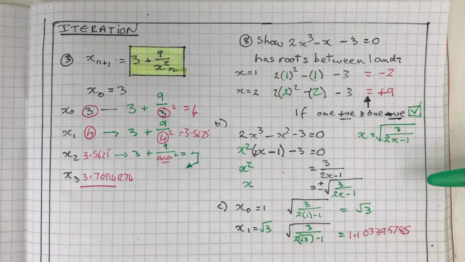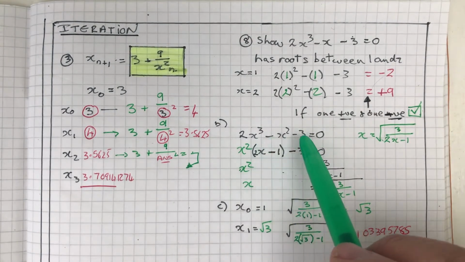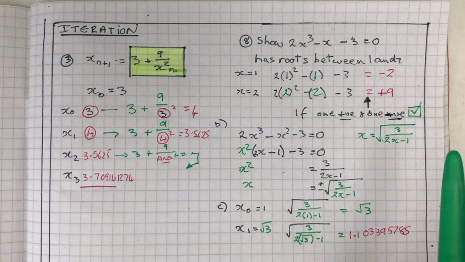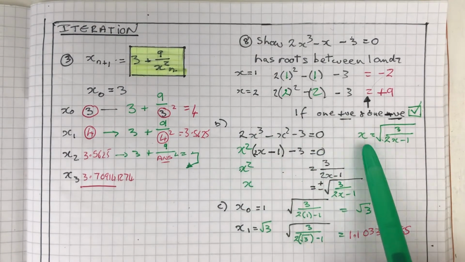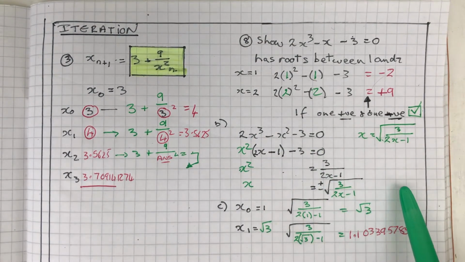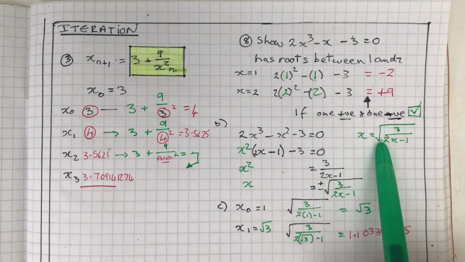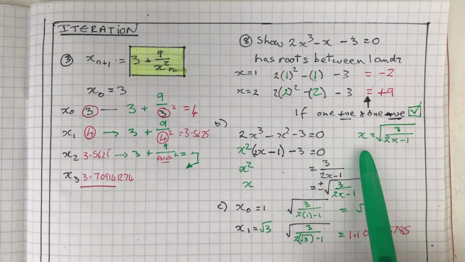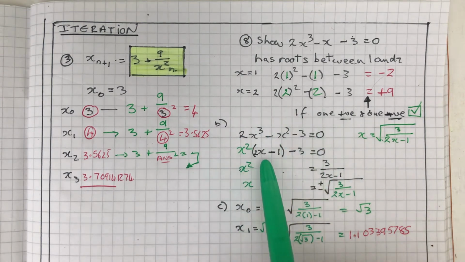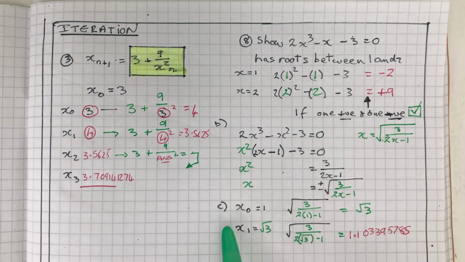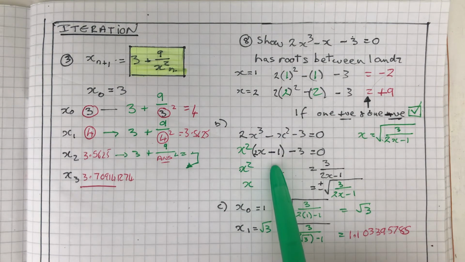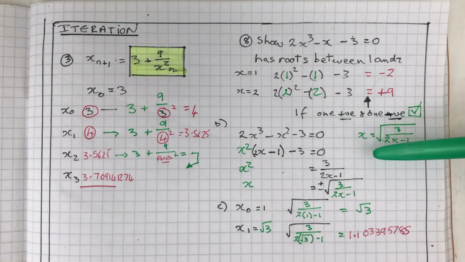Second part of the equation says, can I rearrange it to look like that? Right. Okay, that's a little bit harder, because which x do I try and get on its own on the left hand side? Well, the clue is the fact that this has got a square root sign in it, means if I can get x squared here, well, I've got an x squared but an x cubed, so if I factorize the first 2 terms, I take the x squared out, so I get x squared times 2x minus 1 minus 3 equals 0, and then I've done 2 steps in one.